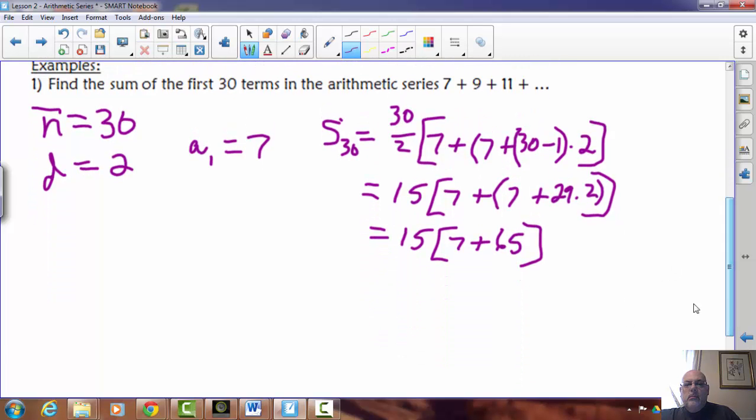So the sum of the first 30 terms is 15 times 65, or 975.